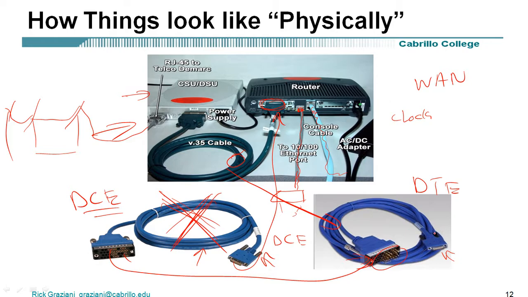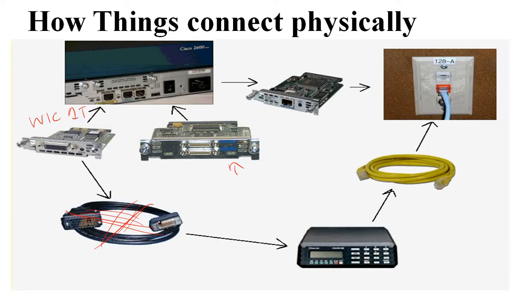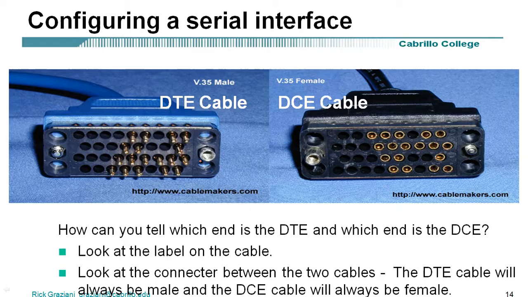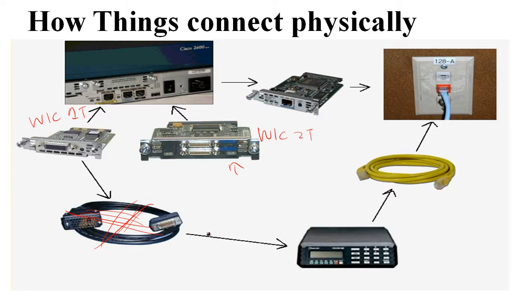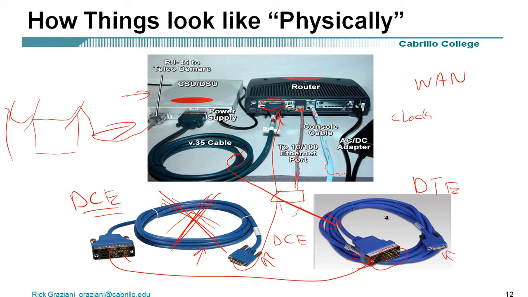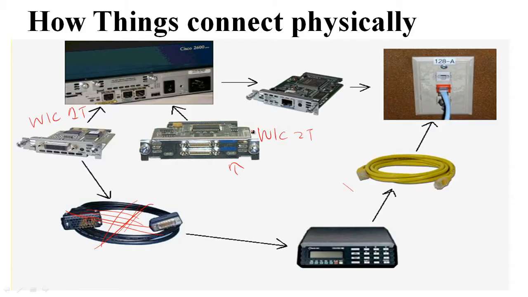So this is the newer version of cables, and this is the older version. That newer version is the one that we use on this WIC 2T. So now this is where you'd have this smart serial, this one here. So you connect it from there to the CSU DSU.